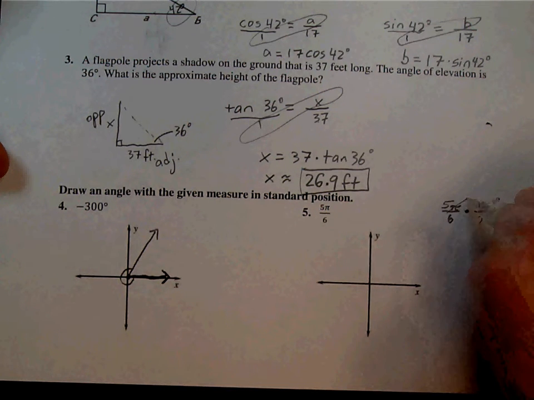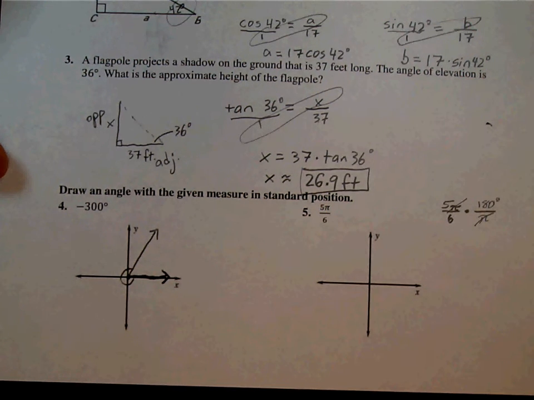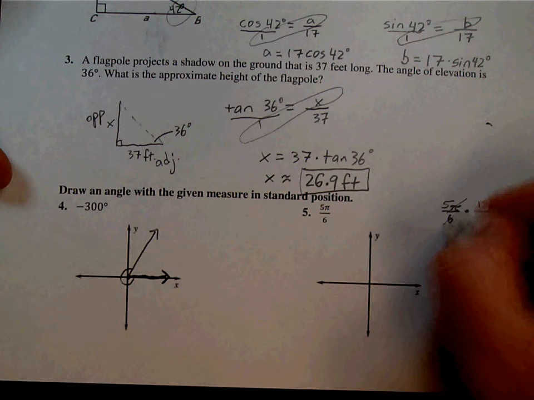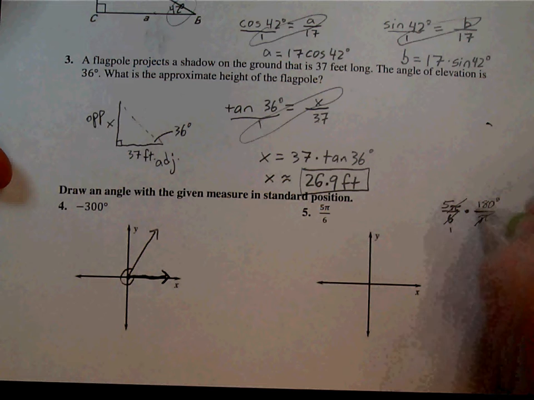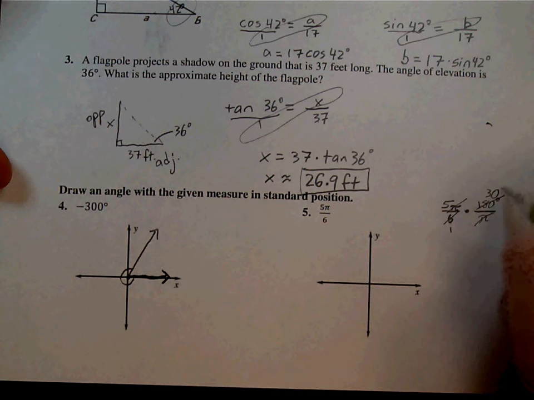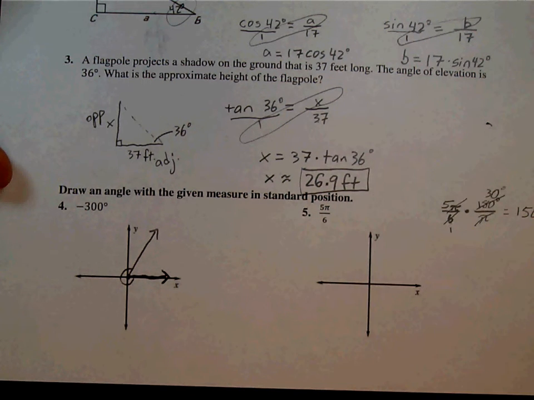When you do this, our pi's can now cancel. And then that 180 and the over 6, those can simplify. They're both divisible by 6. 6 divided by 6 is 1. 180 divided by 6 is 30. So now I have 5 times 30, which is 150 degrees. So they're talking about a 150 degree angle.